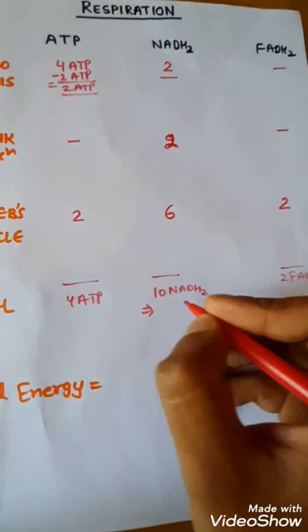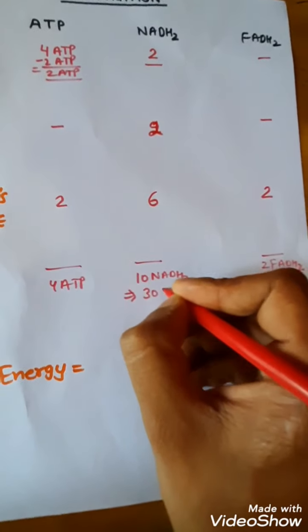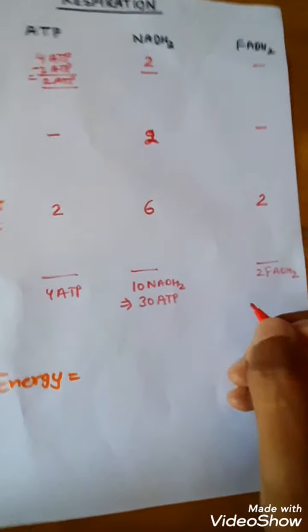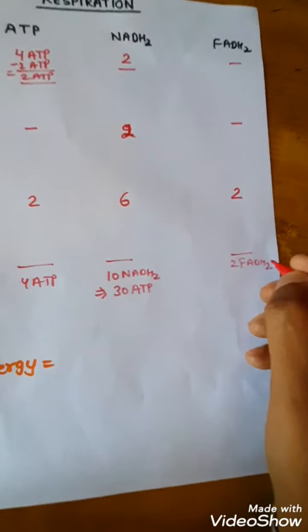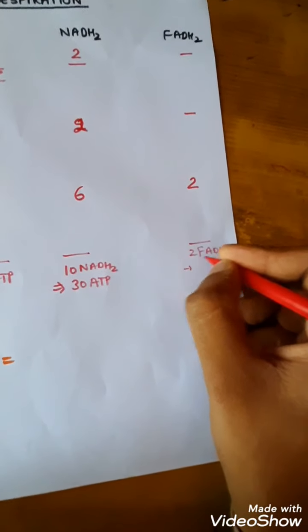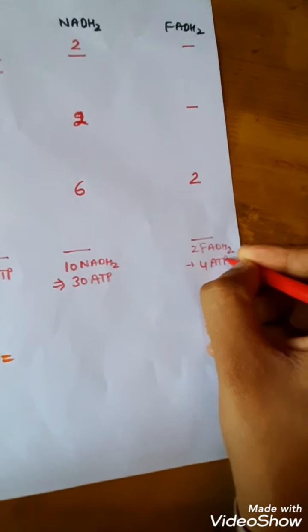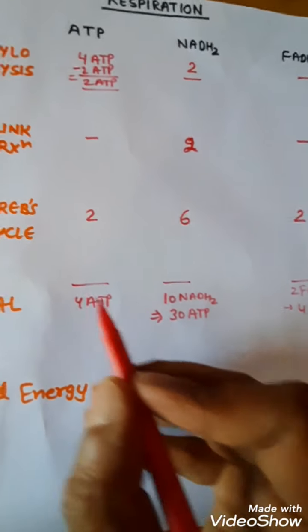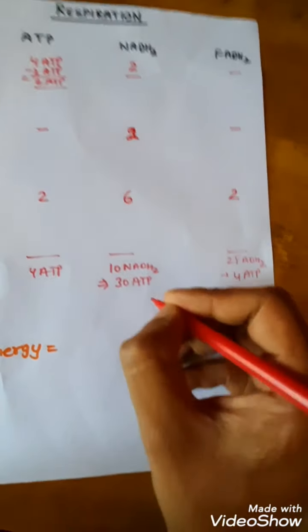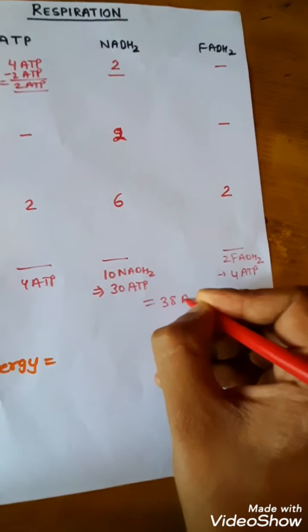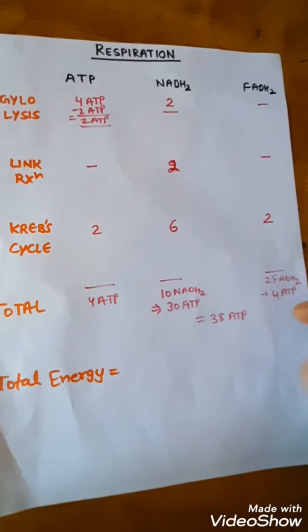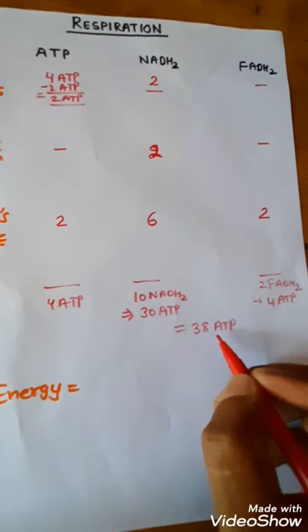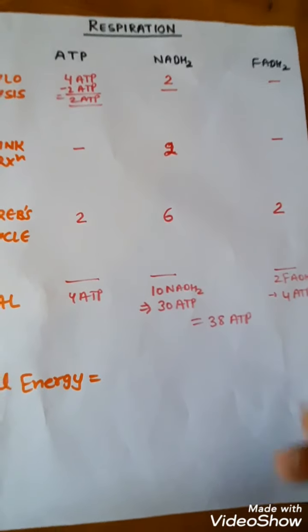We generally take it as 3 ATP, so it will be equal to 30 ATPs. 1 FADH2 is equal to 2 ATPs, so it will be around 4 ATPs. So if we total them, 30 plus 4 plus 4, that is 38 ATPs. So in the complete process of the respiration, a total of 38 ATPs are obtained from one glucose molecule.